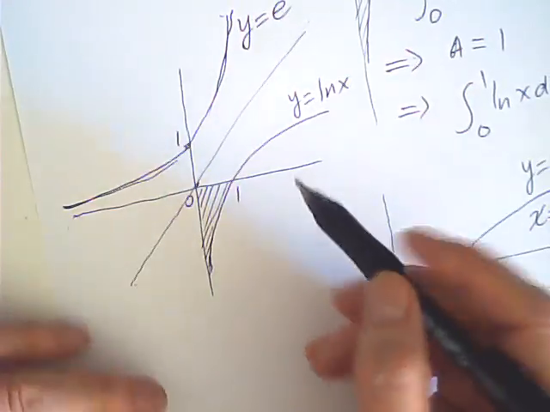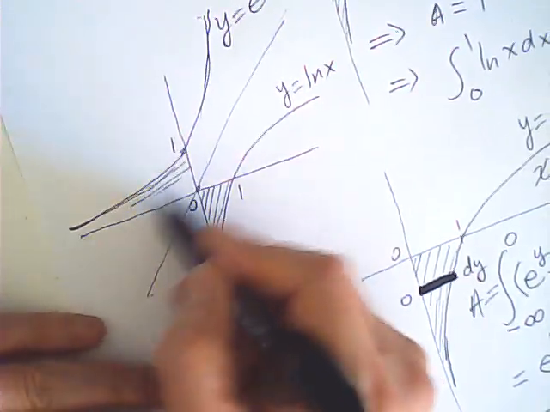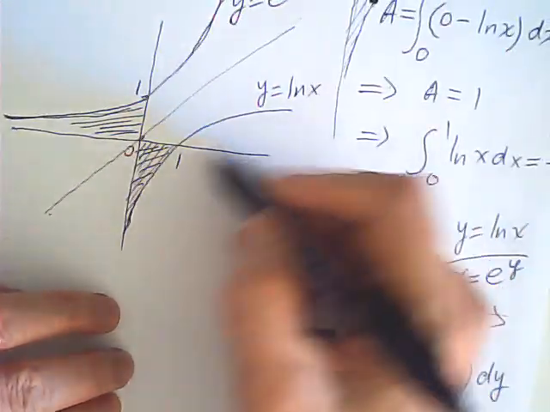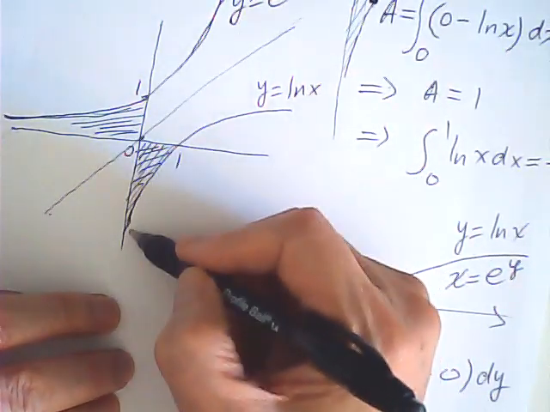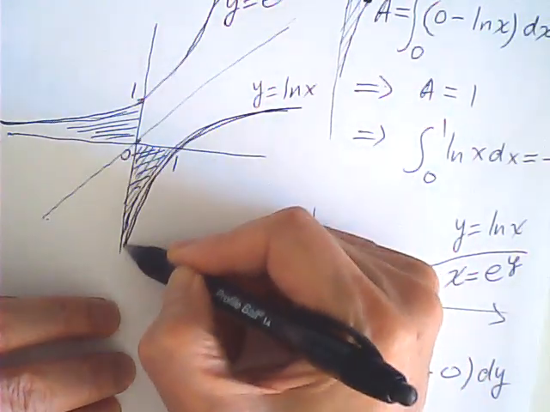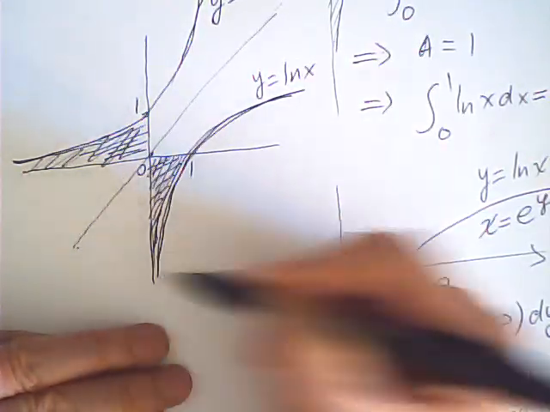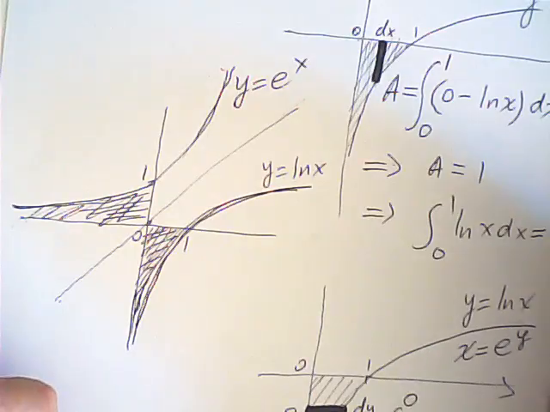Is it by symmetry? By symmetry, see, this piece is equal to that piece. Okay, my sketch is not very good, but they are similar. They are the same region, right? This piece is equal to that piece by symmetry.